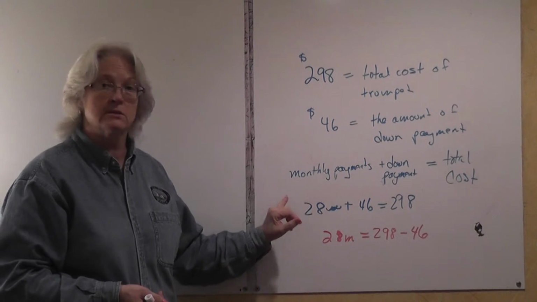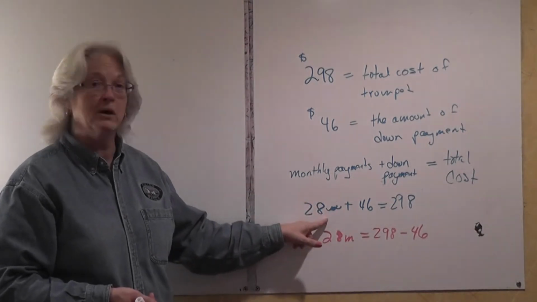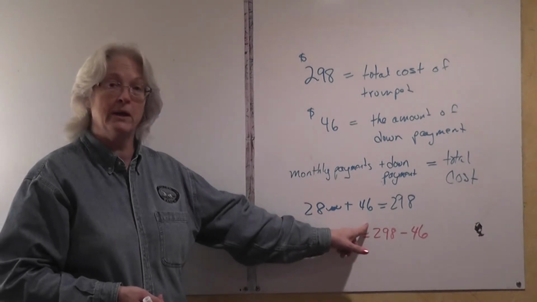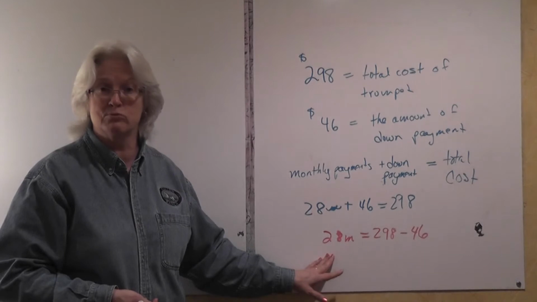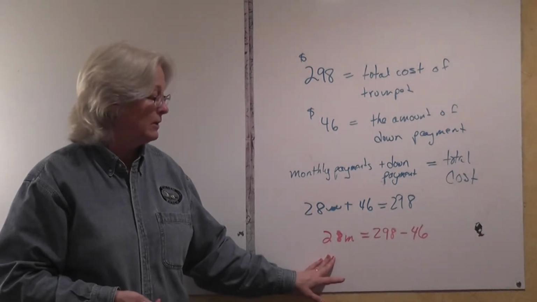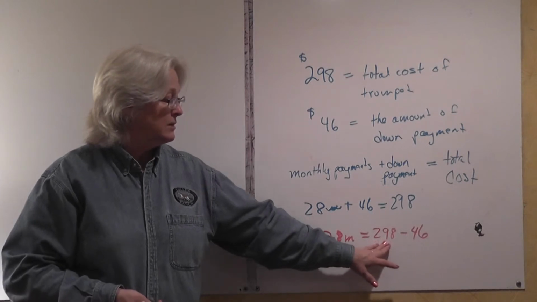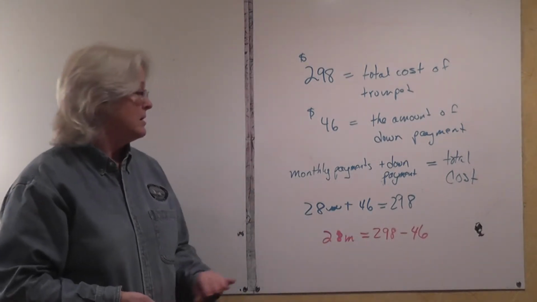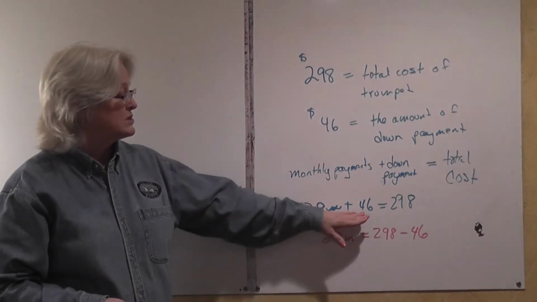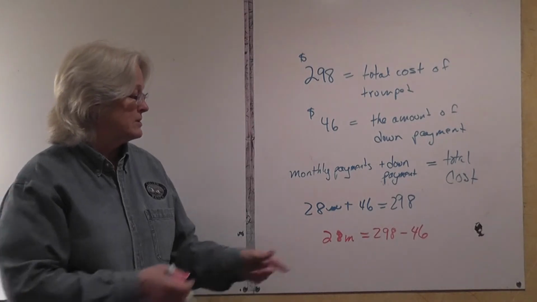Both of these represent the same quantity. Here we have monthly payment plus down payment is total payment. Here we have the balance remaining, paid monthly, is the original cost reduced by the down payment.